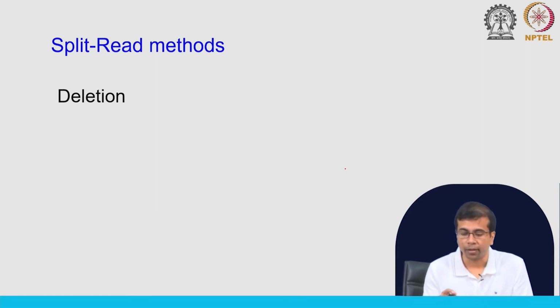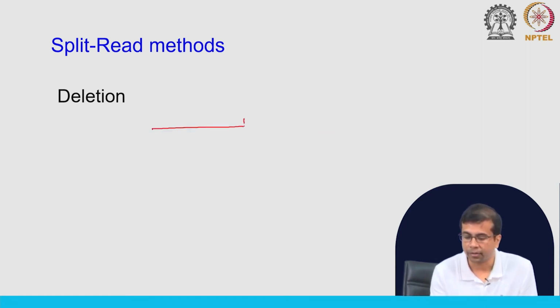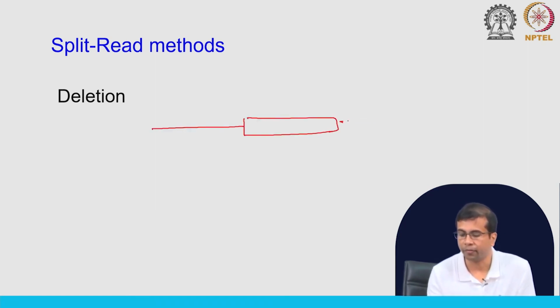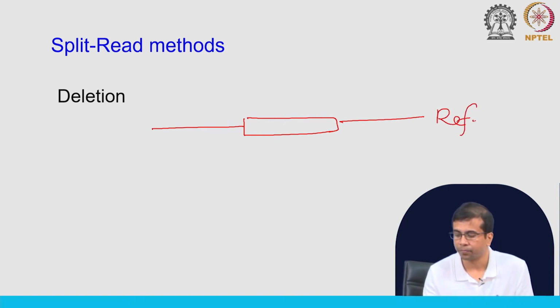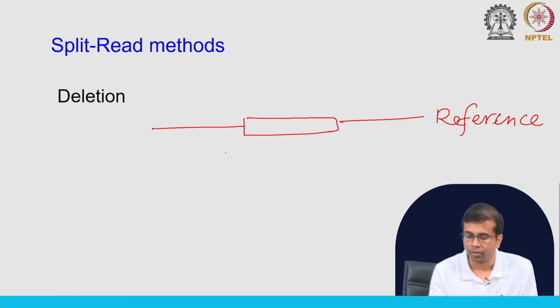Now, for deletion we can again think about this using this example of a reference genome. So, you have the reference and this region is deleted.